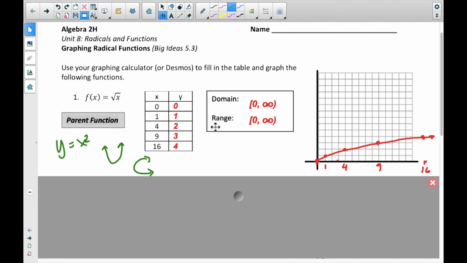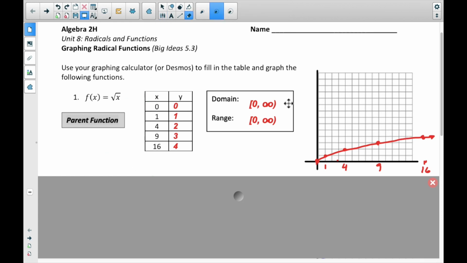But again, we don't have the negative values because there's no number we could plug in there that would give us a negative answer. So that's why it is only half, because there's no negatives with square roots. And the reason it's on its side is squared is a parabola, square root is kind of the opposite function of that, so it turned it on its side. So that is the basic function and what it should look like.